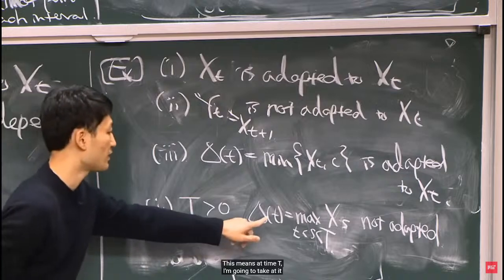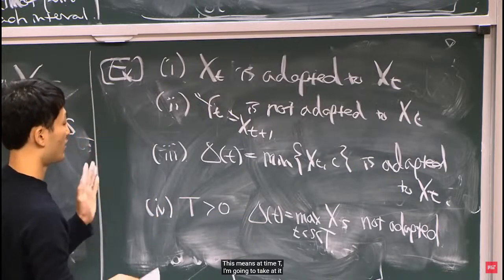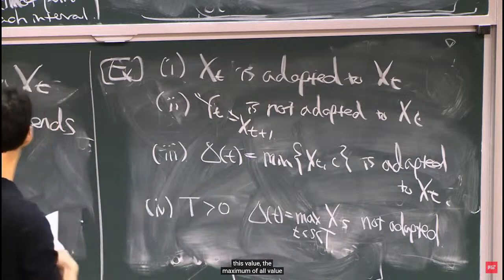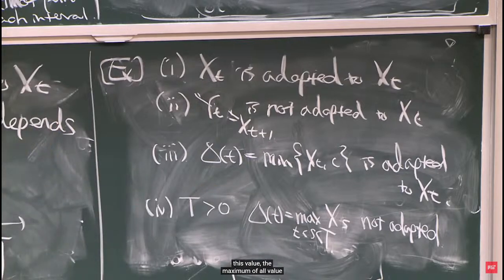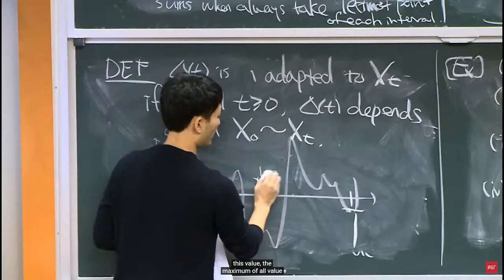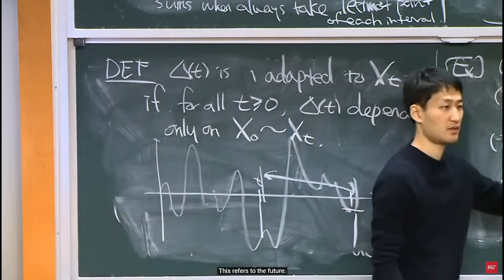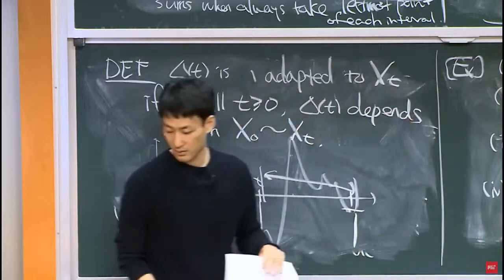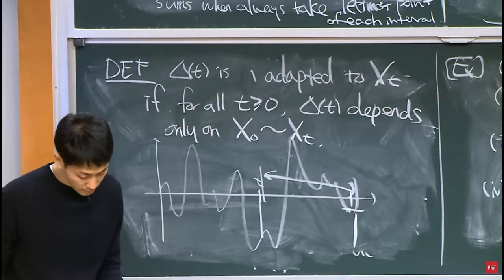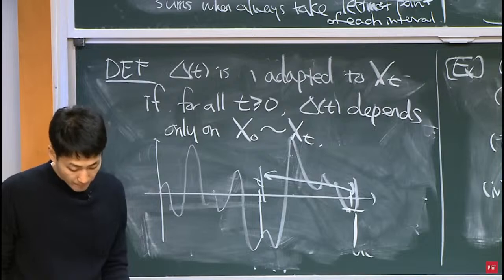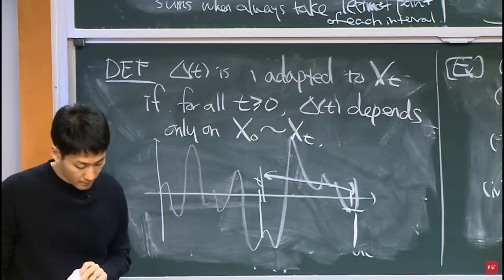What is this? This means at time t, I'm going to take the maximum of all values over this part, the future. So this refers to the future. It's not an adapted process. Any questions?